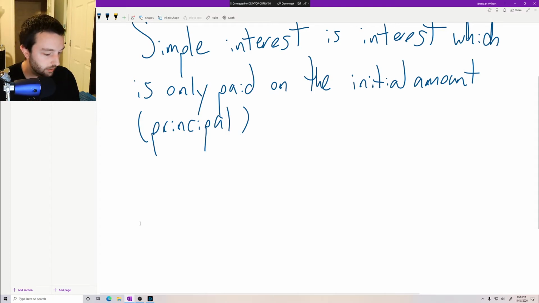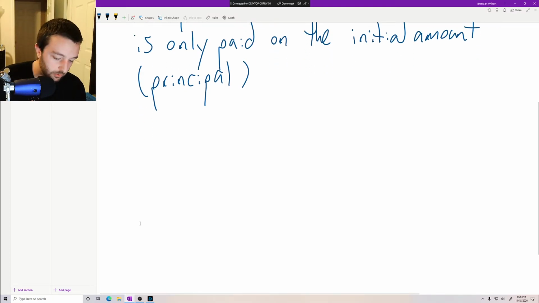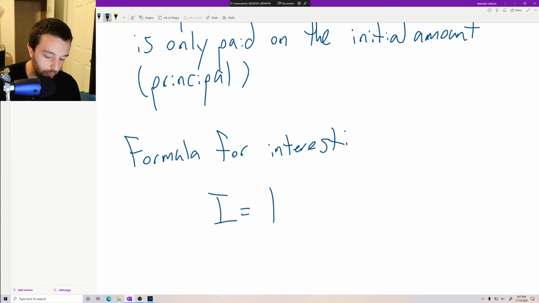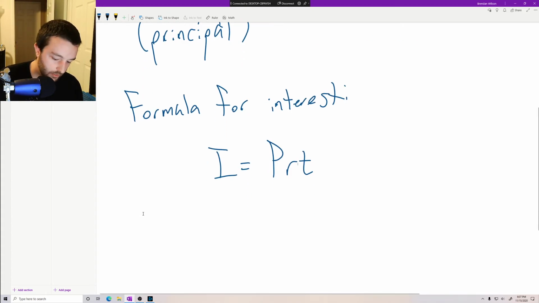So the formula for interest is as follows. I, the interest, is equal to the principal, P, times R, the interest rate, times T, which is time. So I is interest.